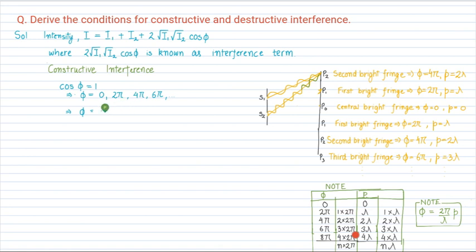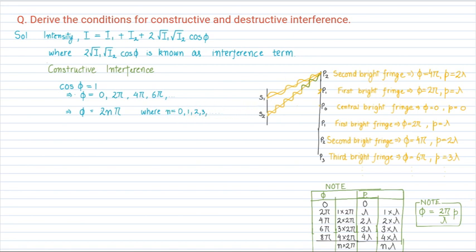That means when my phase difference is an even multiple of pi, in that case you will get a bright fringe. Fine. So where n equals 0, 1, 2, 3 and so on.